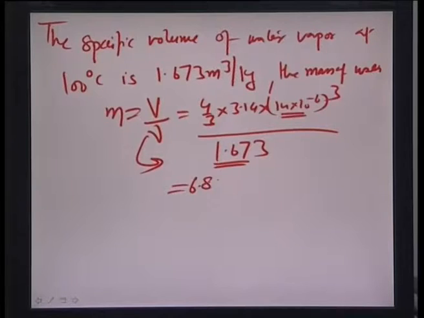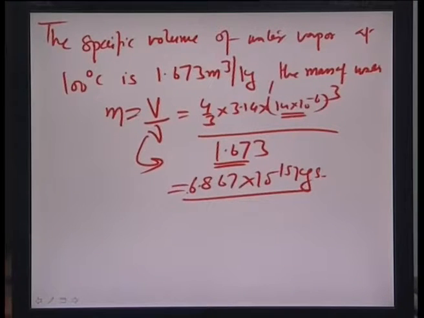So let us try to look at that figure here and see what the mass would effectively be. In this case the mass comes out to be about 6.867 × 10^-15 kg, and essentially if you ignore the heat losses from the system, we assume that the system is hermetically sealed again.